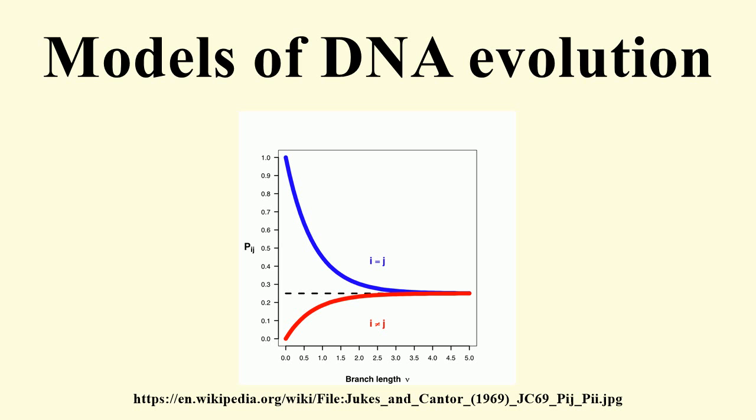GTR is the most general, neutral, independent, finite sites, time-reversible model possible. It was first described in a general form by Simon Tavaré in 1986. The GTR parameters consist of an equilibrium base frequency vector, giving the frequency at which each base occurs at each site, and the rate matrix, where the entries are the transition rate parameters.